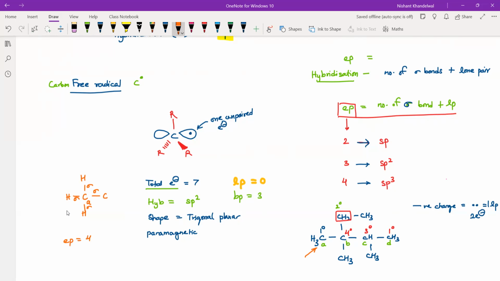Carbon does not have a lone pair here, so electron pair is 4, and 4 means sp3. So this carbon is sp3 hybridized, correct? Can you tell me the hybridization of the B carbon?